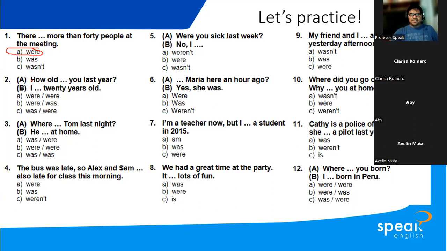It's a question. It says, how old blank you last year? I blank 20 years old. What's missing? Were. How old were you last year? I was. So that would be letter B. That is correct, yes.